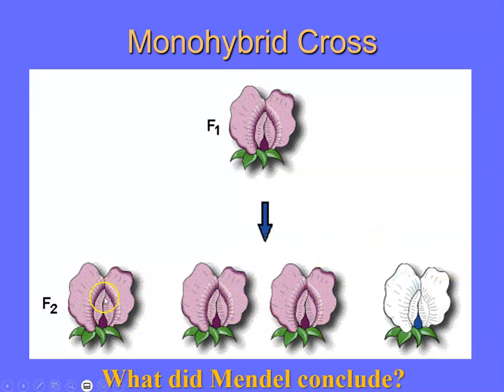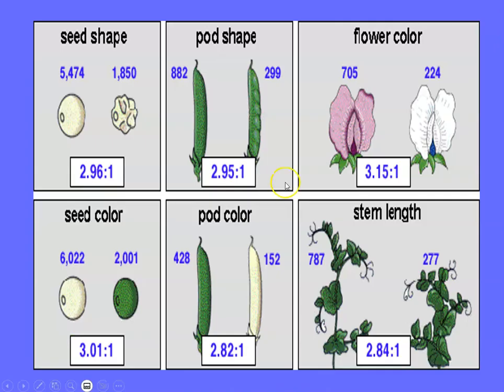And he saw the same trend in the other traits, that the one variation disappeared in the F1 generation offspring, but reappeared in the F2 generation offspring, or second filial generation, in about a 3-to-1 ratio. These are his actual data. He kept very specific notes. He had a very detailed logbook, and his experiments were quantitative in nature, so really robust, reputable data.